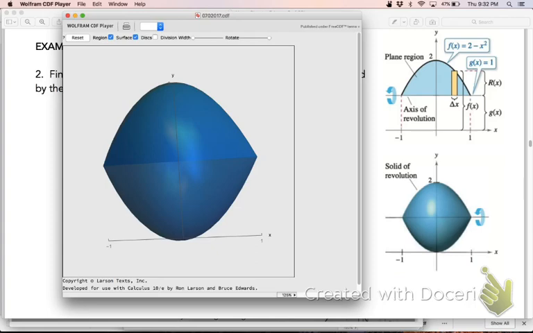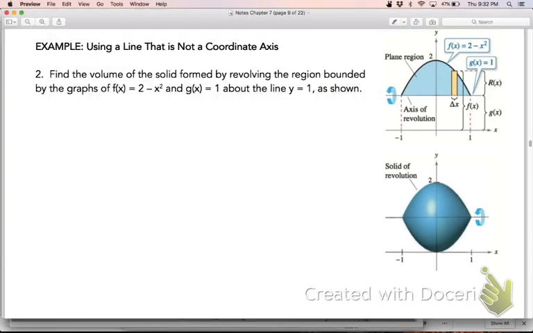Now, the power of integration is that this is not a figure that we have a formula for. We don't know how to find the volume of this weird wonky thing, so we can use integration to come up with that. We're going about the x-axis again, so we're going to use the exact same volume formula.